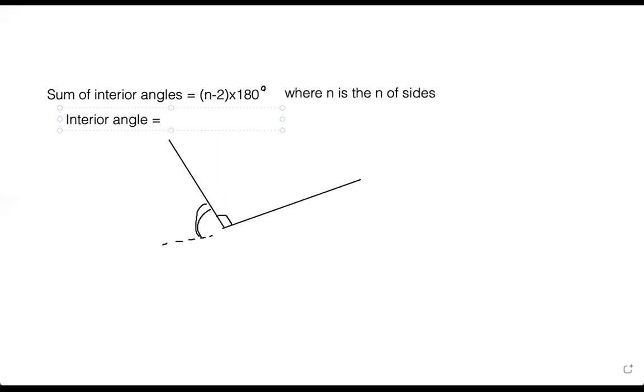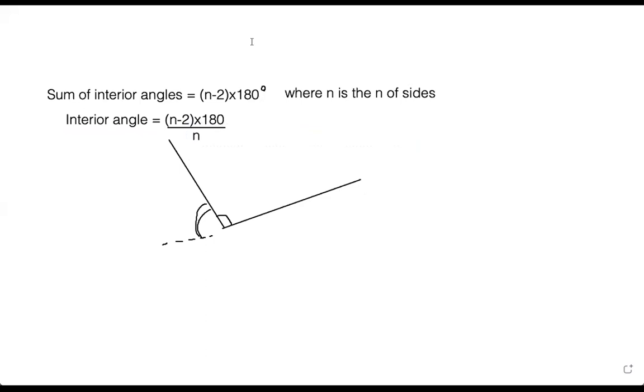So we shall get n minus 2 times 180. Yes. Then divide by the number of sides, which in this case is n.